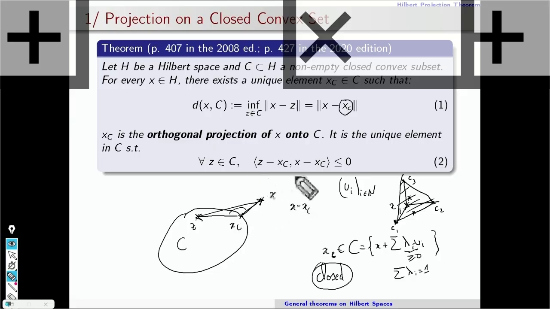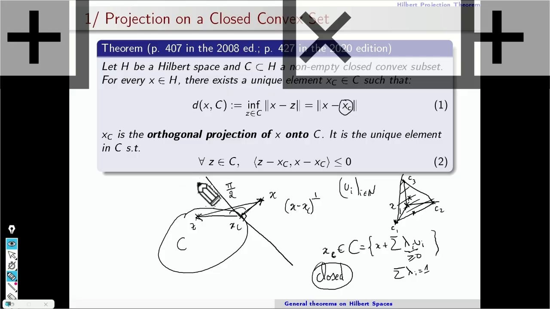The condition says that the inner product is negative, and the geometric interpretation is that the angle is greater than pi over 2. The set of vectors whose angle with x minus xc is exactly pi over 2 is the orthogonal complement. It is a hyperplane of vectors that are orthogonal to x minus xc.